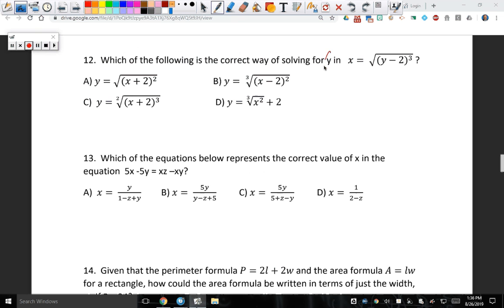Our goal is to get y all by itself. What should I do? Square both sides? Yeah. All right, here we go. Then what? Cube root. Cube root is the same as raising it to the power of what? 1/3. And you see why I'm doing that right now. Because on the left, I'm going to have x to the what? 2/3.